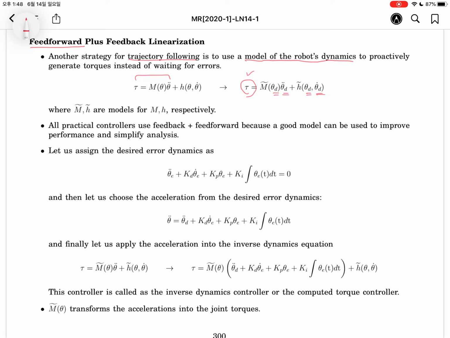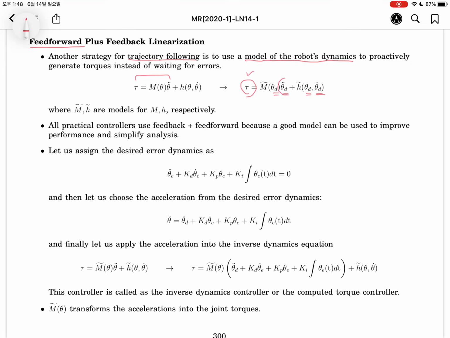So we should add a controller such as PID or PD. Okay, the feed-forward control should be added to the PID or feedback control.